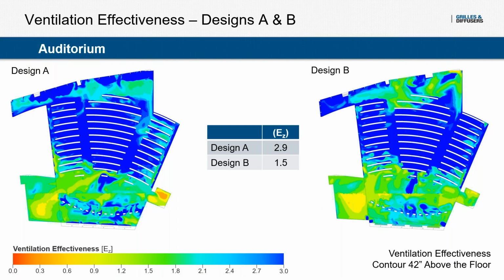Now we want to look at ventilation effectiveness. Again, this is looking first at cooling. We'll get into heating in a moment. In this case, design A performs a little bit better. You get a higher ventilation effectiveness. However, in both cases, you could see that the audience area is very well ventilated.